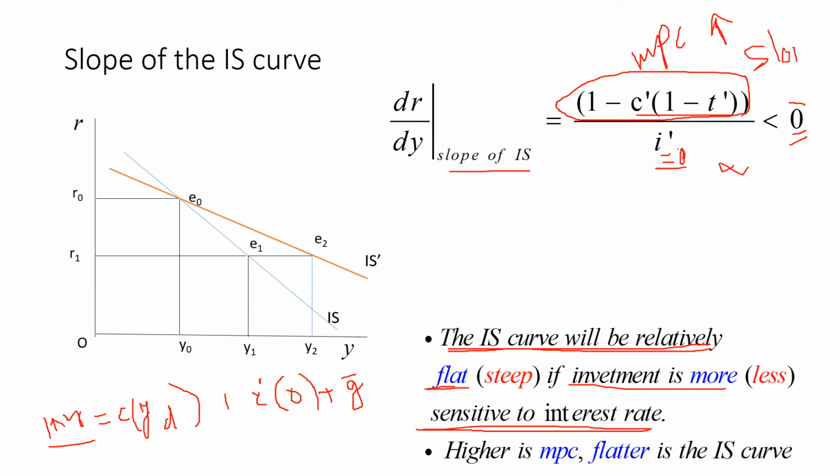The value of the slope is smaller, and that means the curve is flatter. So what I am writing here is: higher the MPC, flatter is the IS curve. Why is this happening? Same logic. Think of a situation where you are lowering R. This time we are not talking about sensitivity of the investment function.